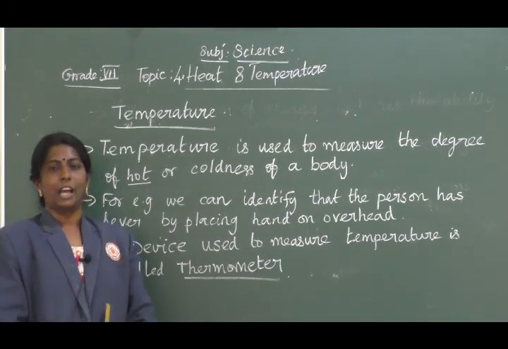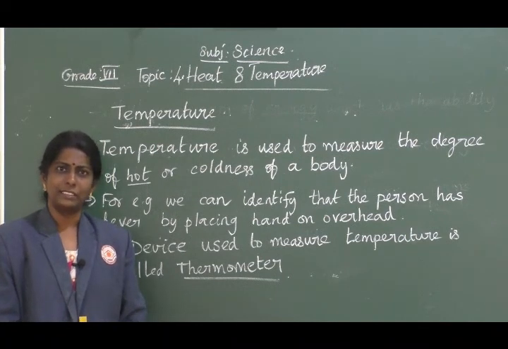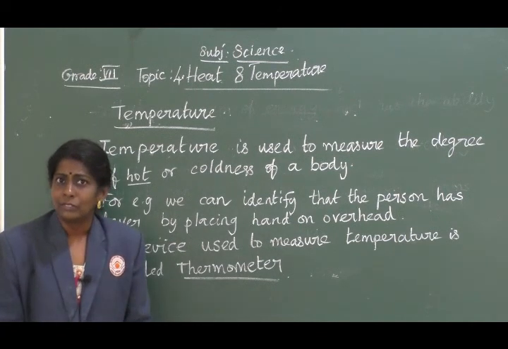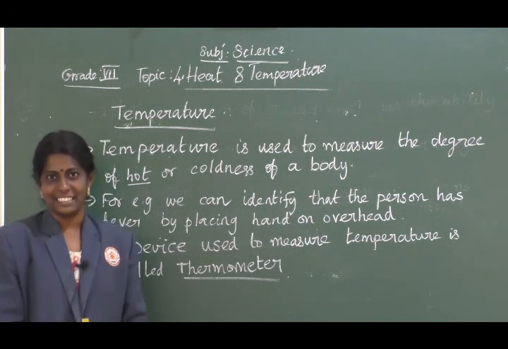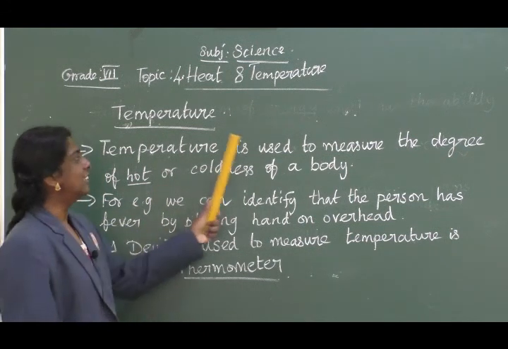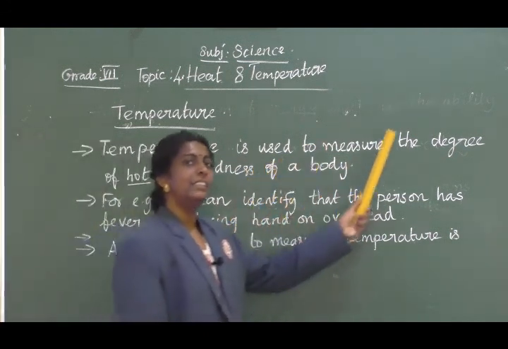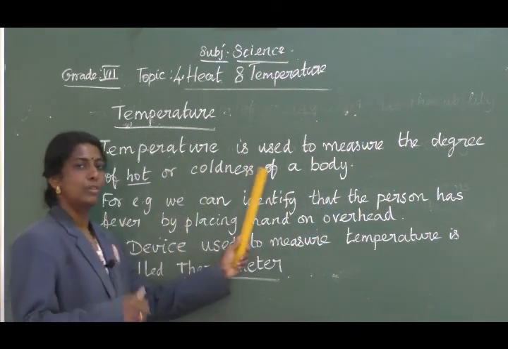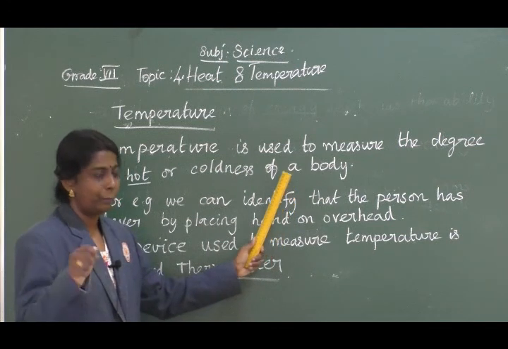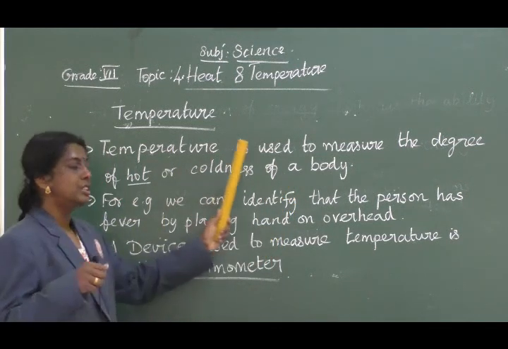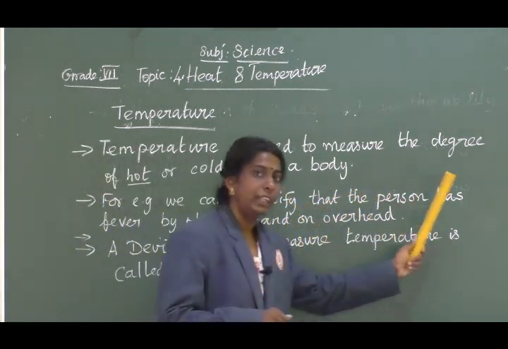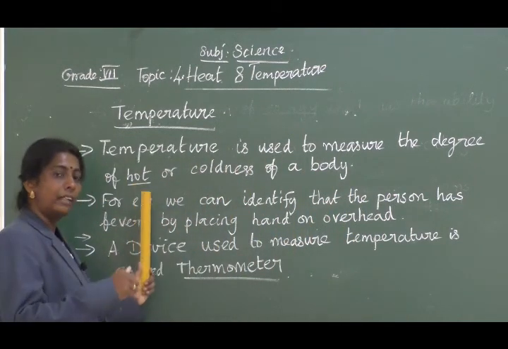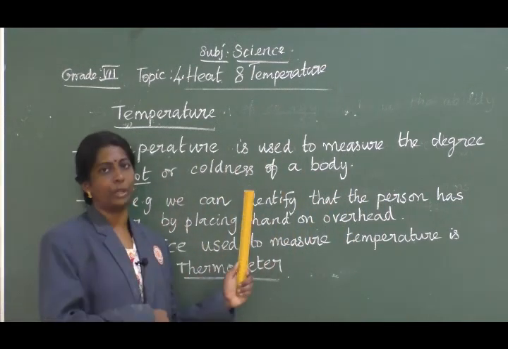Now, what is temperature? Temperature is used to measure the degree of hotness or coldness of a body. I repeat, temperature is used to measure the degree of hotness or coldness of a body.